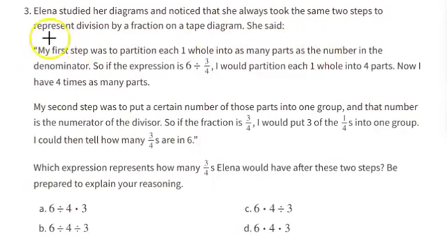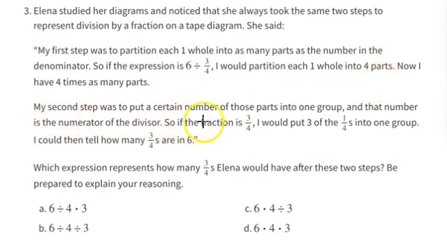All right, so Elena, study your diagrams. Notice that she always took the same 2 steps to represent the division of a fraction in a tape diagram. First step was to partition each whole into as many parts as the denominator. So with 6 divided by 3/4, she cut that into 4 parts, so then she had her fourths.